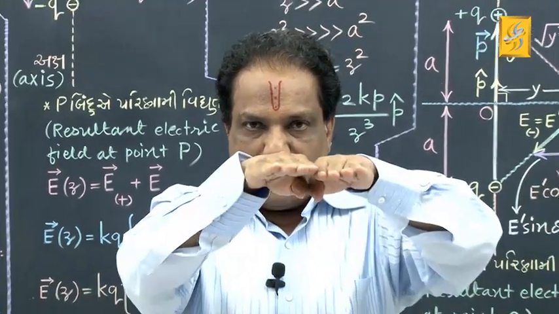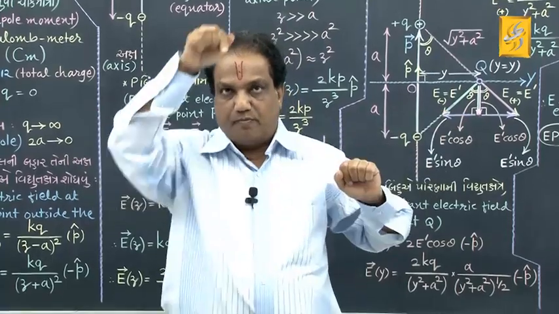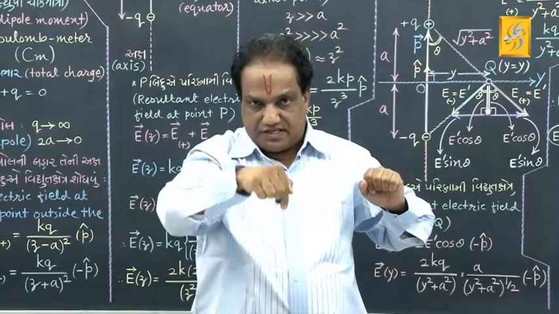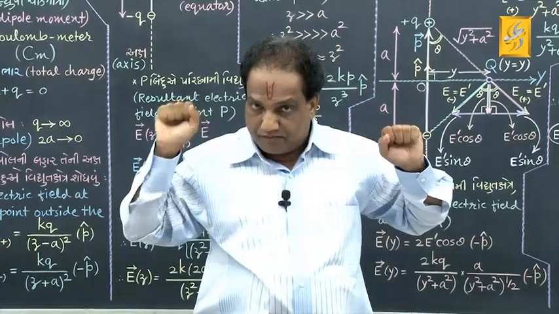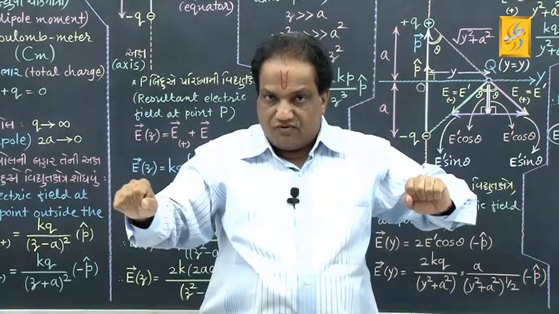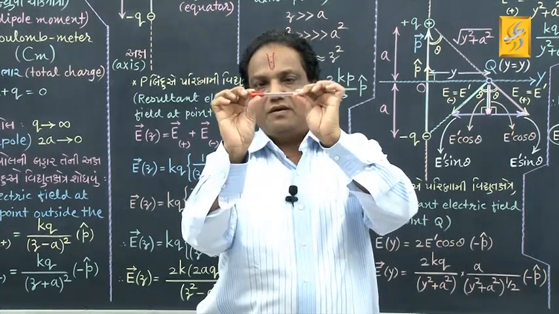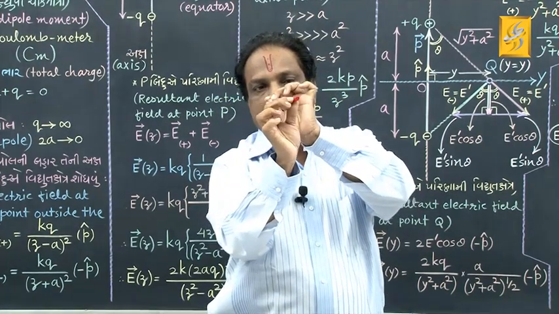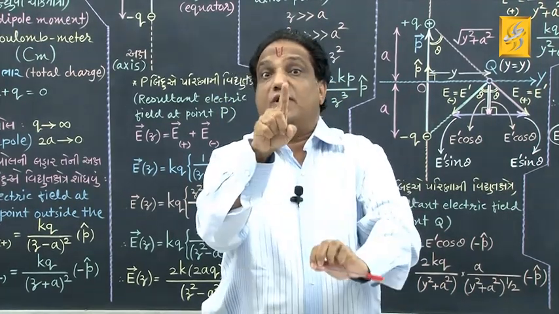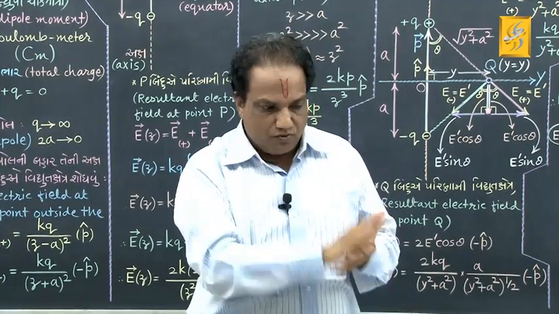You may think of a plane, a horizontal plane which is perpendicular to the vertical axis, and that plane should pass through the midpoint of the dipole. In that plane, the equatorial lines can be considered like this. So, equatorial lines will be infinite in number. Let me show it in the diagram now.